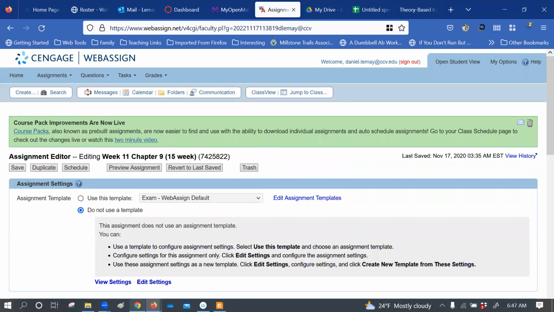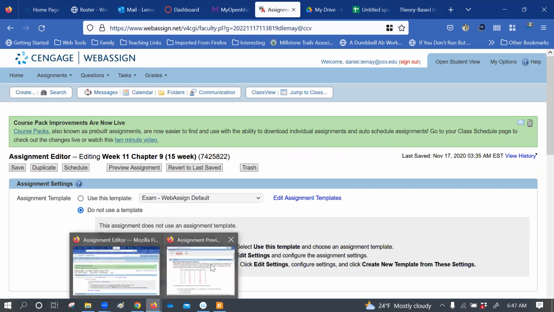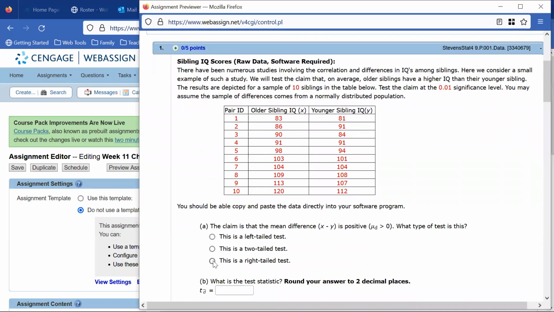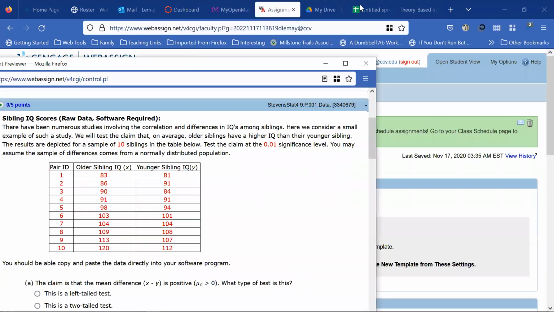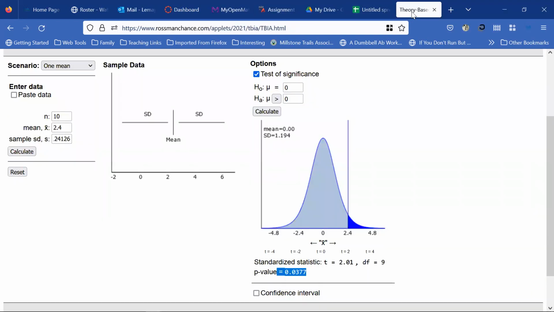So if I come to WebAssign, let's see. Nope, that's the teacher side. Here we go. So I know this is the right tail test. The t statistic is what? What was that? 2.01, and it makes sense it's positive because this is a right tail test, right?